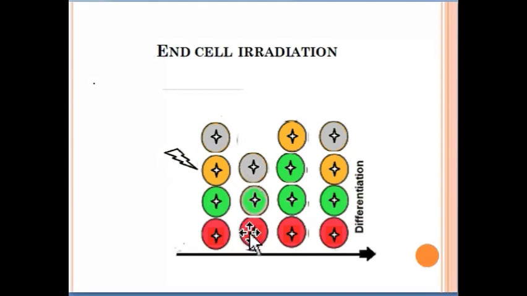The stem cell knows that the end cell died, and therefore its progeny starts dividing faster, and we have two green cells which respond to this irradiation.